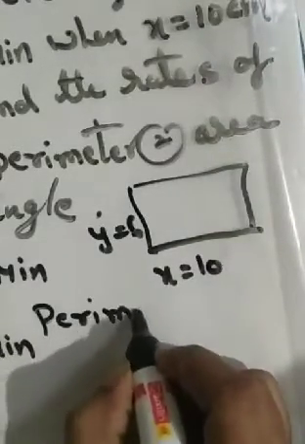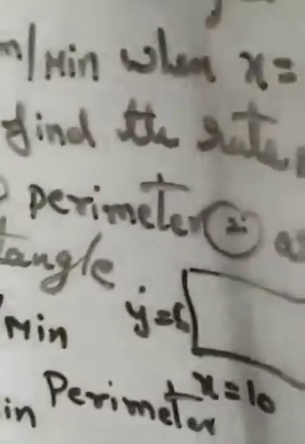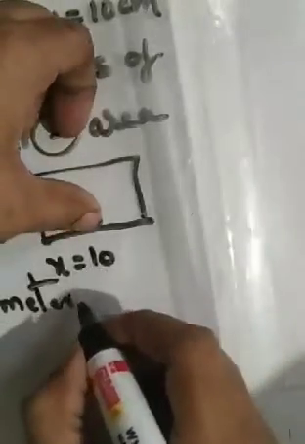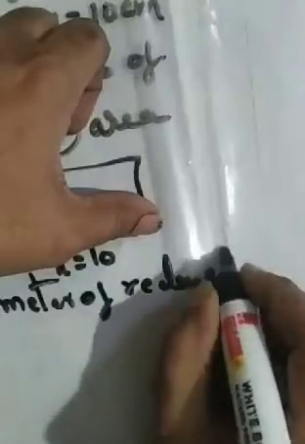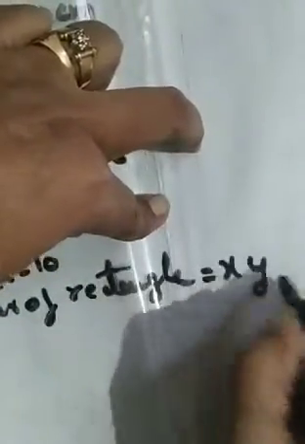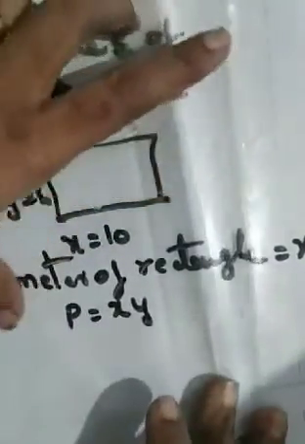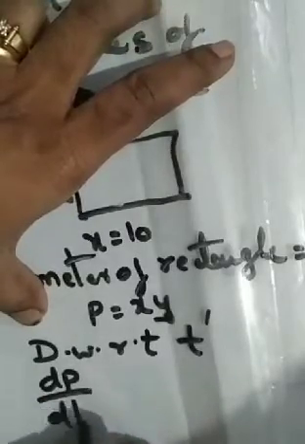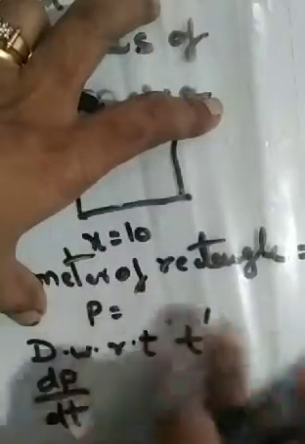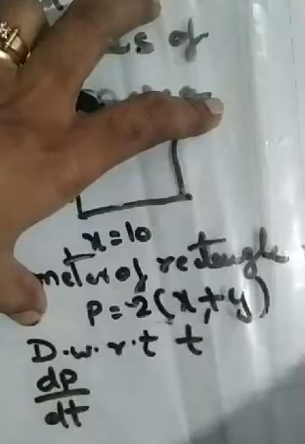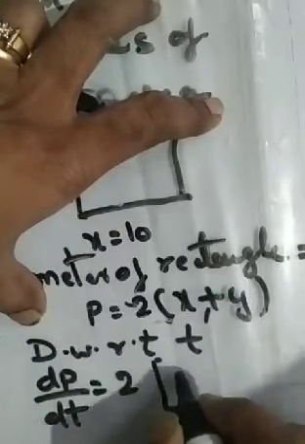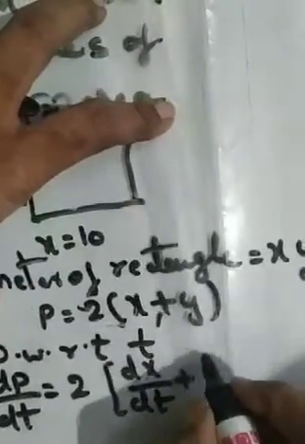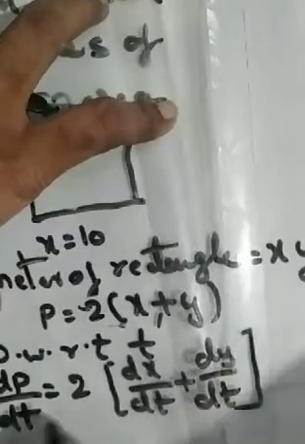The perimeter is given by 2 into x plus y, which is equal to 2 into dx by dt plus dy by dt, which is equal to 2 into, what is dx by dt?